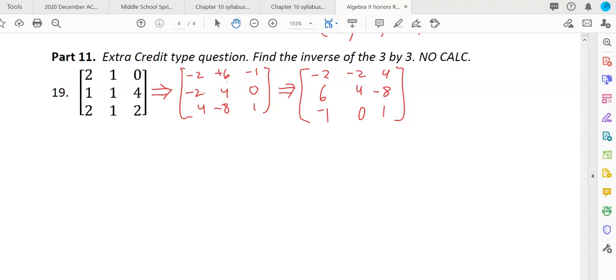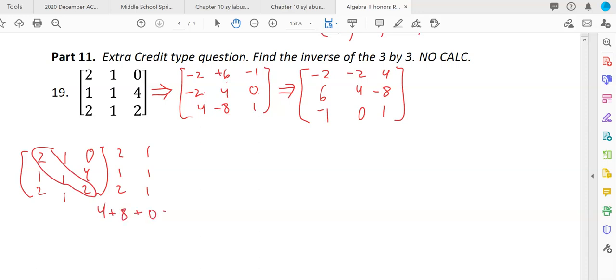Now you have to take the determinant of the original matrix. So I'm going to do that with the diagonals method. So this is going to be 2, 1, 2, 1, 1, 1, 0, 4, 2. So going diagonally here, first this way, it's going to be 4 plus 8 plus 0. Going diagonally the other way, it's going to be 0 plus 8 plus 2, which is 10 and 12.